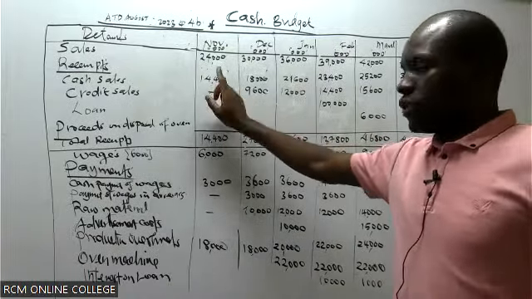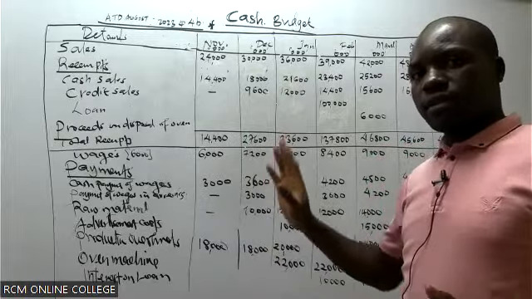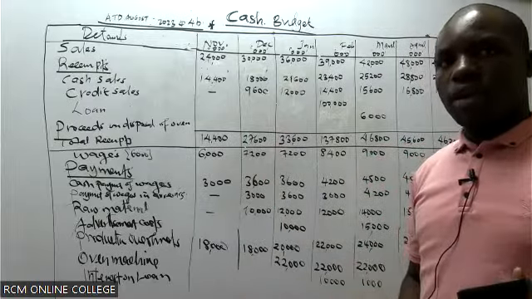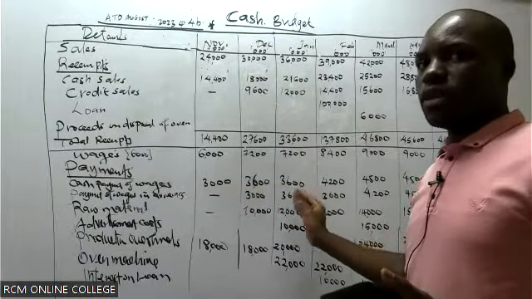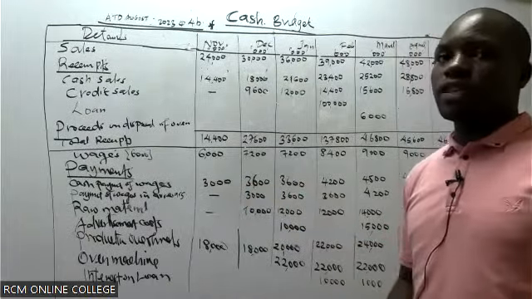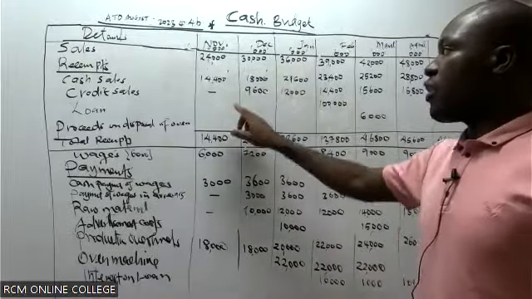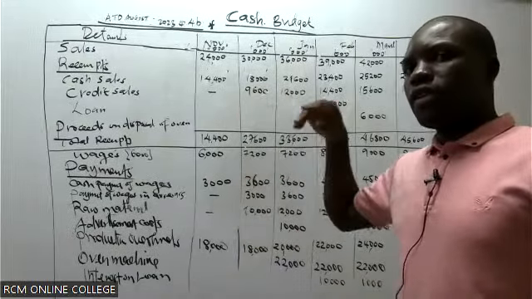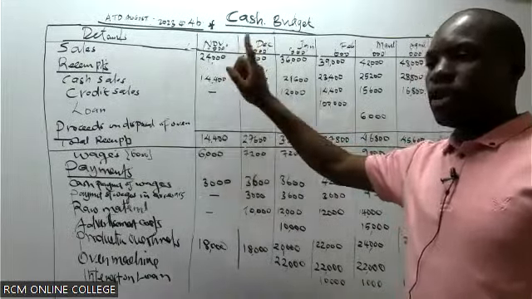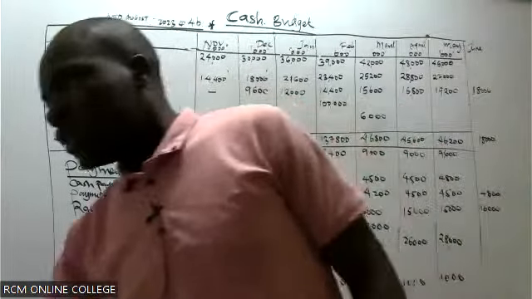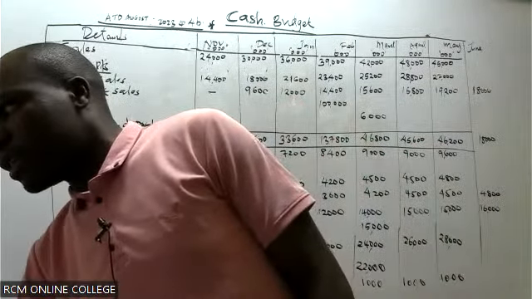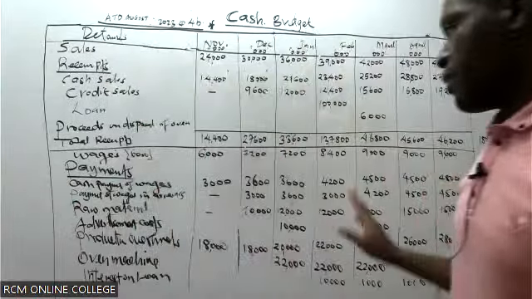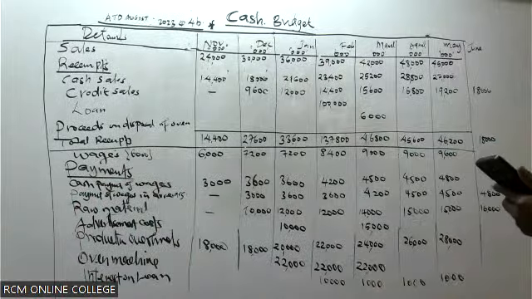You are told 40% maybe is cash, 50% credit, but will be received in 2-month installments. The remaining portion was not realized. So it is just there to help you know how you're going to deal with the remaining portion of the total sales. How will you write it off? It is not going to affect any cash within that particular workings.